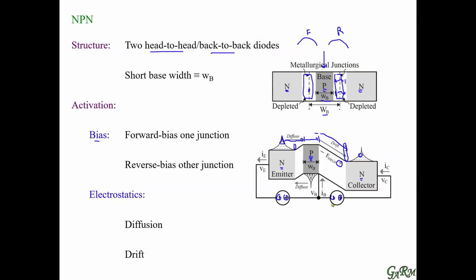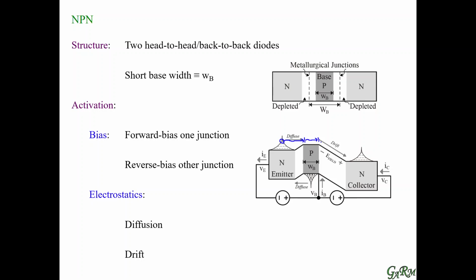Let me remove the markers here so that I can drive the important point home. What we're saying is that by forward biasing the left region, we induce diffusion of electron charge carriers into the base. Because the base is so short, they diffuse through the base all the way to the other end of the base.